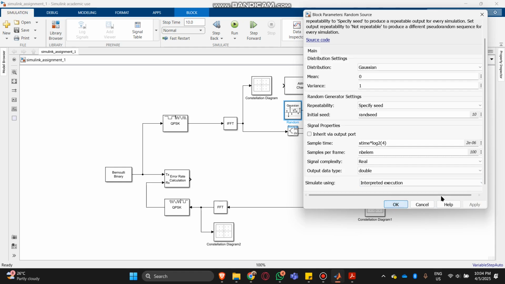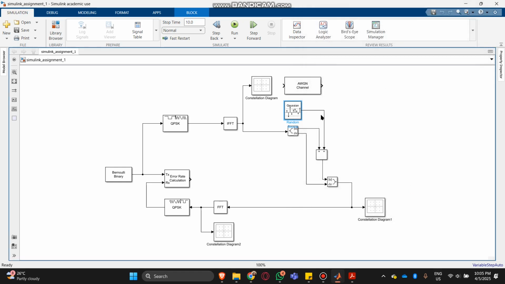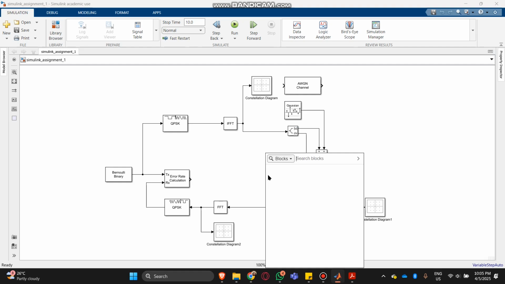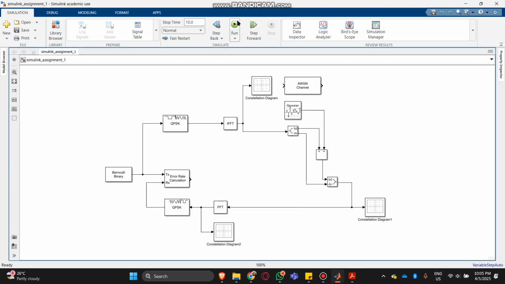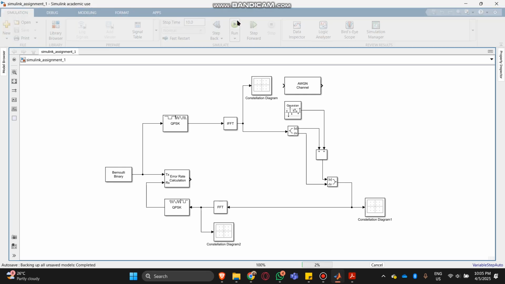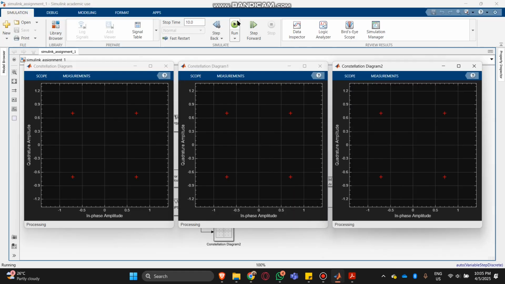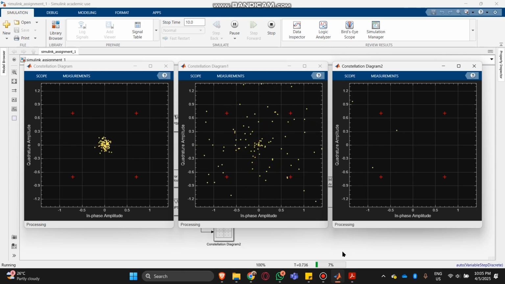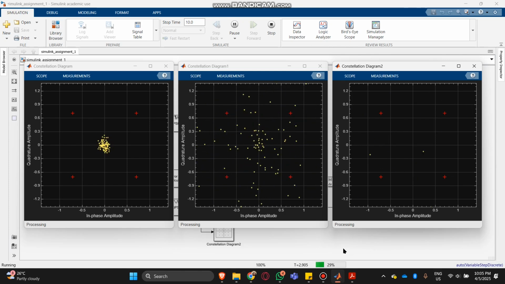Apply and then okay. Next, I push the run button. Alright, wait until it processes.